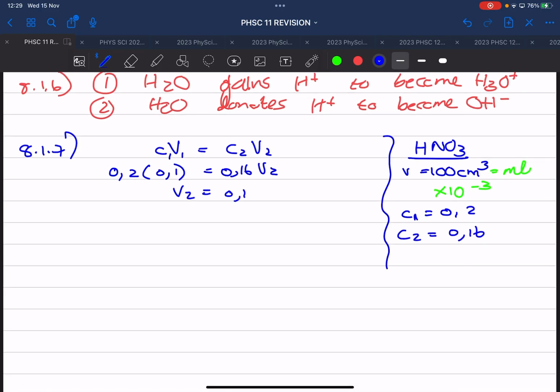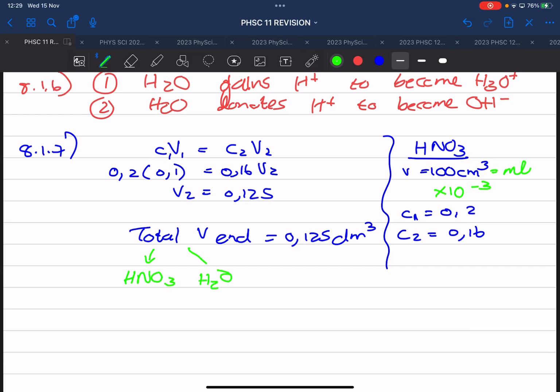Okay, en dan kry jy 0,125, 'n groot vet but. Okay? This is the total volume at the end: 0.125 decimeters cubed. So daar is die totale volume is the volume of the acid plus the volume of the water.